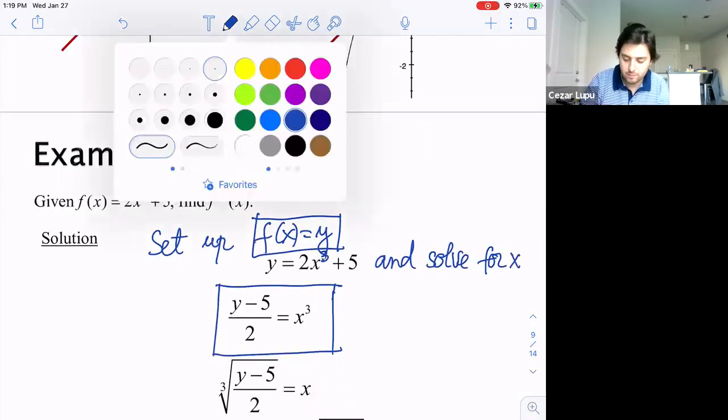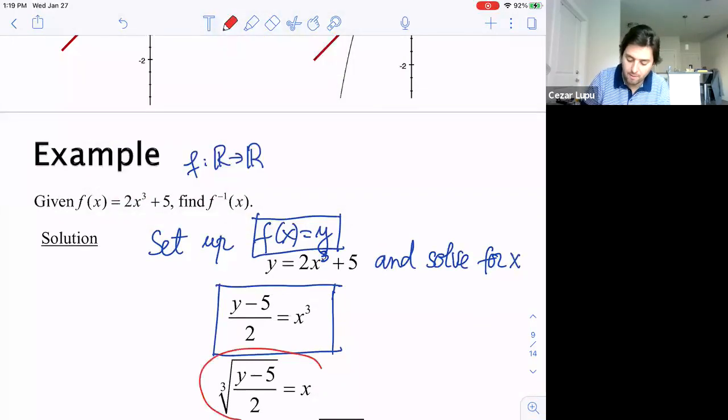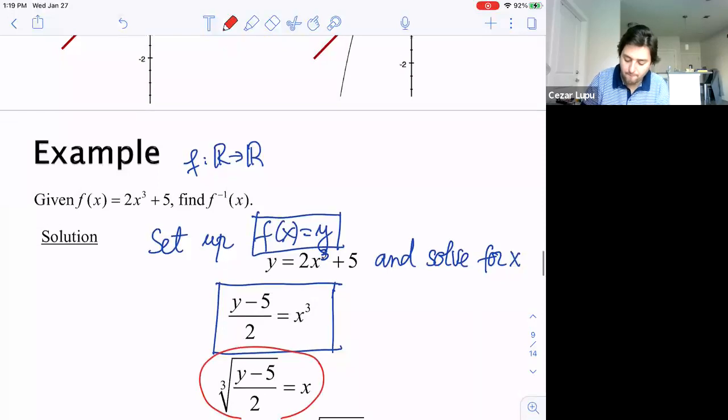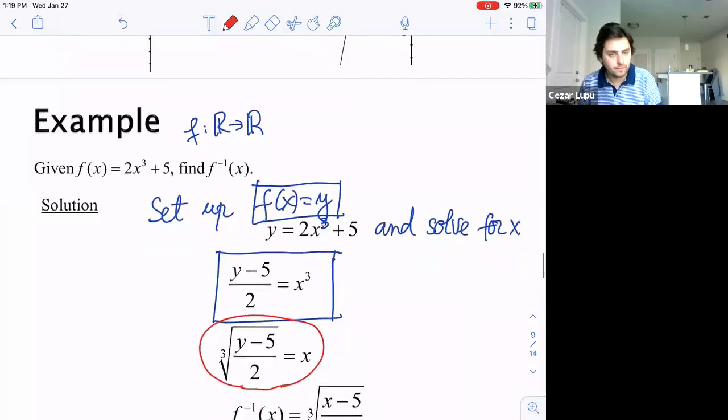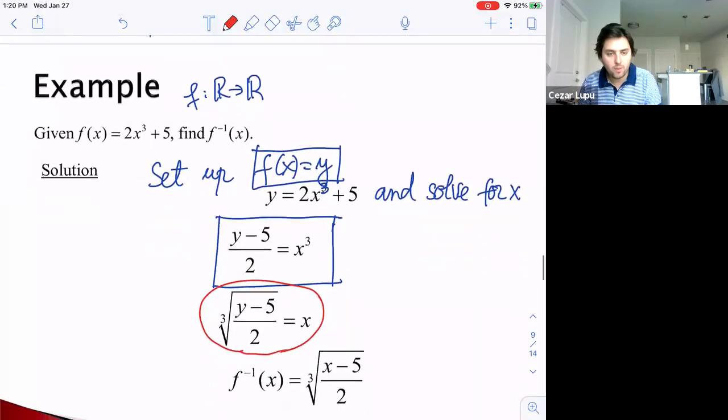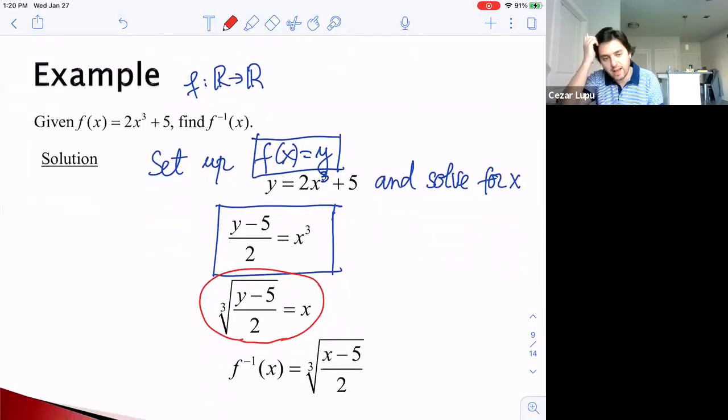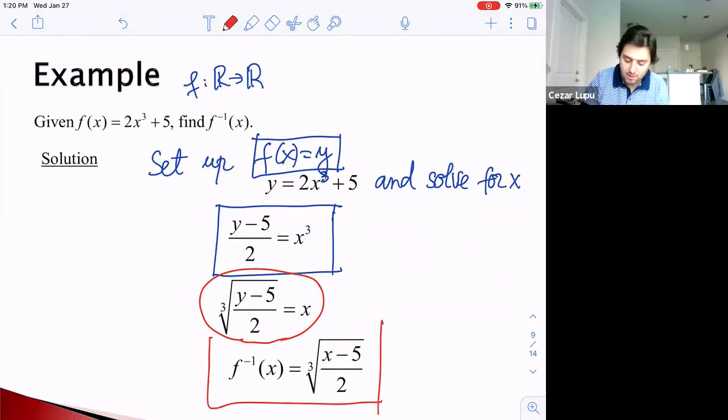So we solved it for x. And now, once you do this, you identify that x by f inverse. So this will give us that f inverse of x is nothing else than the cube root of x minus 5, everything over 2. Right? So that's the procedure.